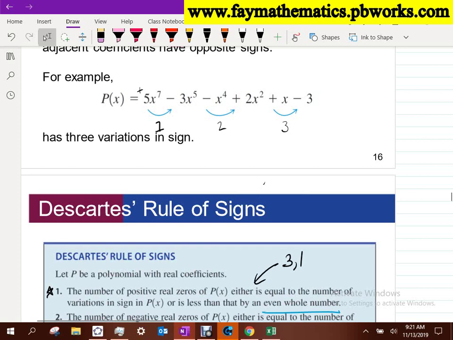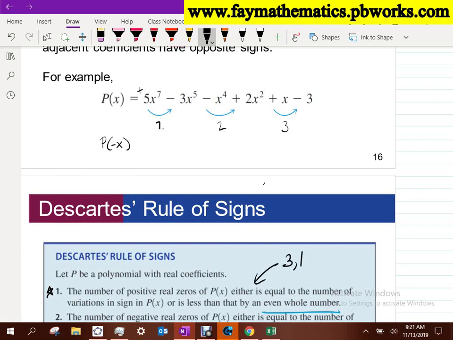Well, you might be asking, what about the negative real zeros? So this is how you do negative real zeros. It's a little bit more tedious, but it's not terrible. We can do it. Basically what they do is they say, take P of x and reflect it over, let's visualize what's happening, not the x-axis, the y-axis. Take P of x, flip it over the y-axis.